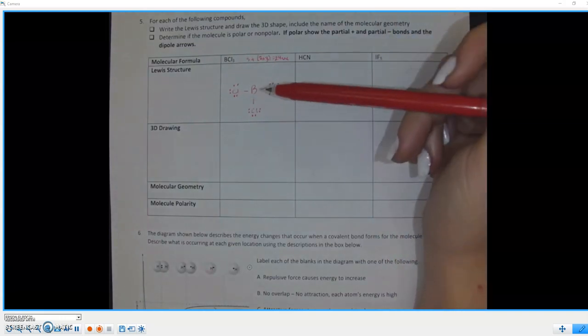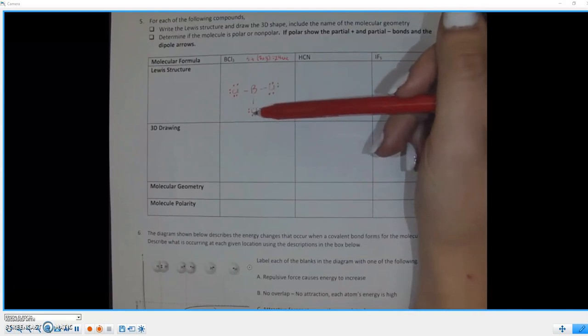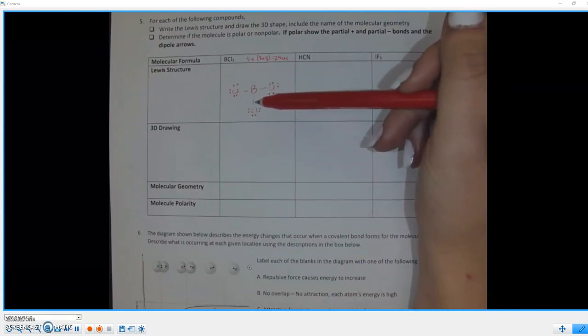Now this one, if it wasn't boron, we would normally erase a lone pair and make a bonded pair. But because our center is either boron, beryllium, or aluminum, any of those, it's okay to have less than 8. That would be our suboctet.